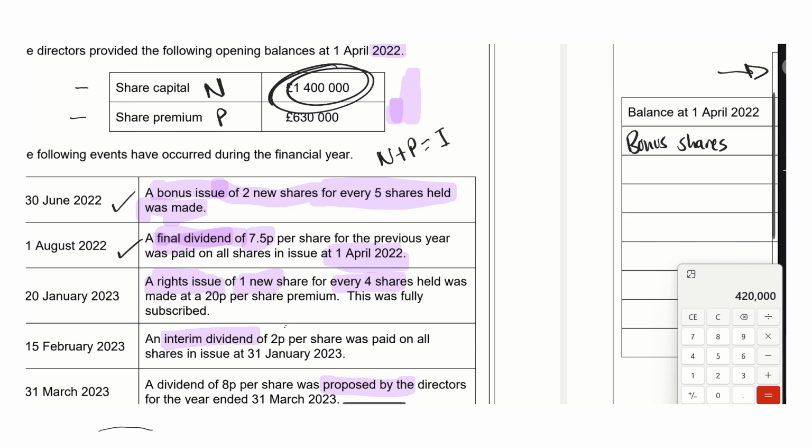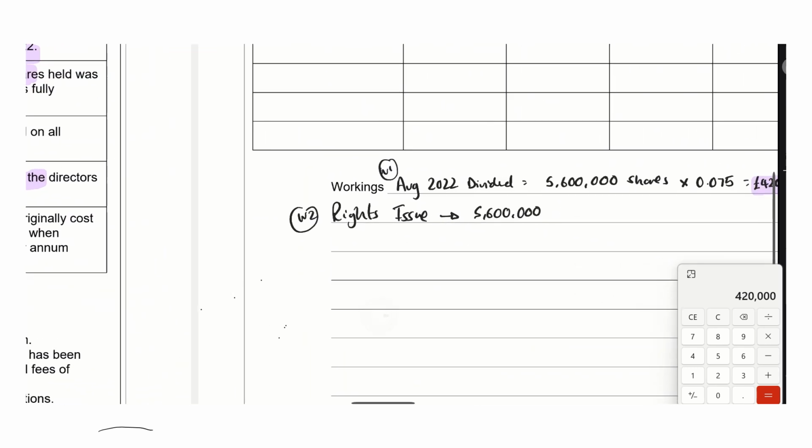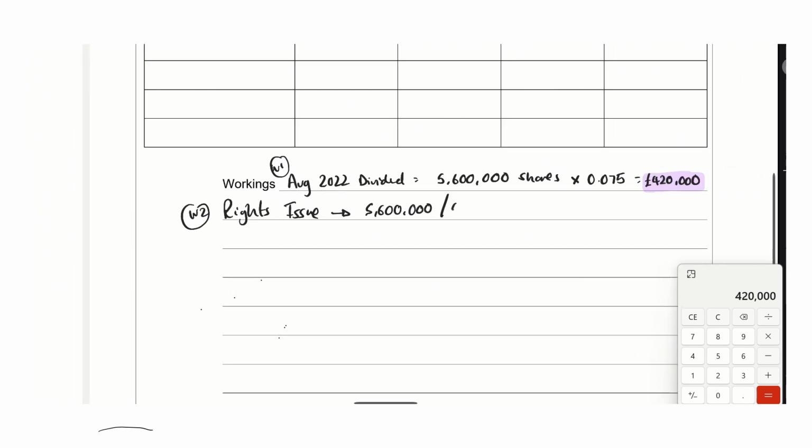If you remember on the 30th of June 2022, from our working, we did this divided by 5 times 2, to work out how many extra shares we were going to give out. And the answer we got was an extra 2,240,000 shares.